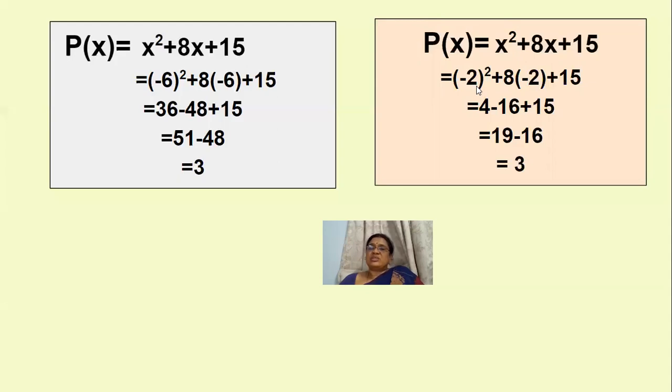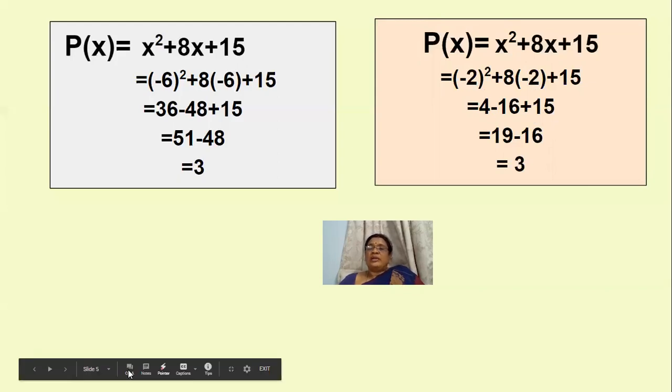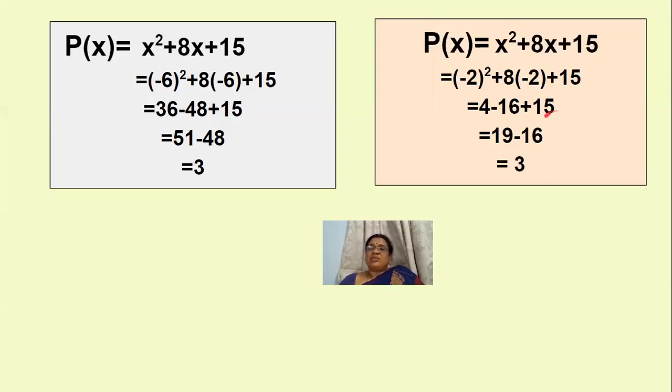Therefore, here directly you can put 4, and plus minus is here, it is minus, and 15. See here, 15 and 4 are both positive, so first you add these two numbers, 15 and 4. You will get 19 as the answer. And what remains? -16 is there. 19 minus 16 is 3.